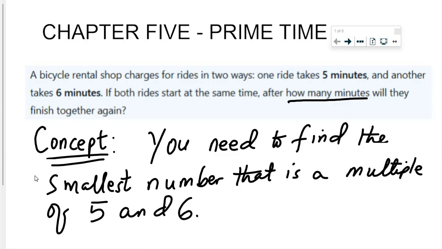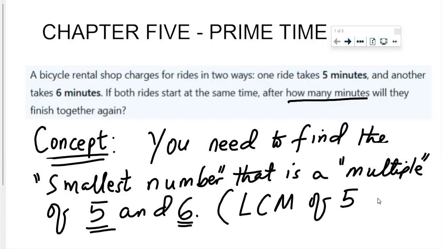The smallest number that is a multiple of these two numbers, in short, it is known as LCM of 5 and 6.